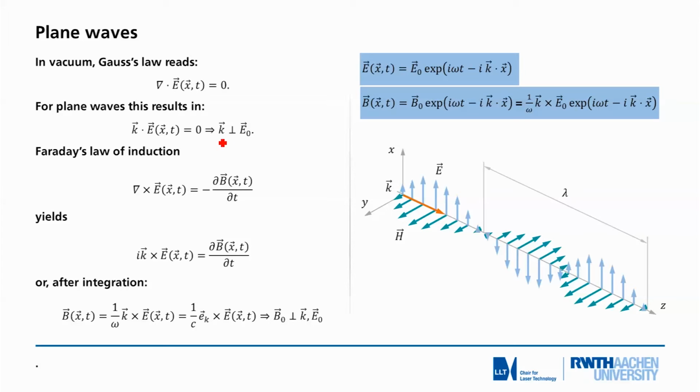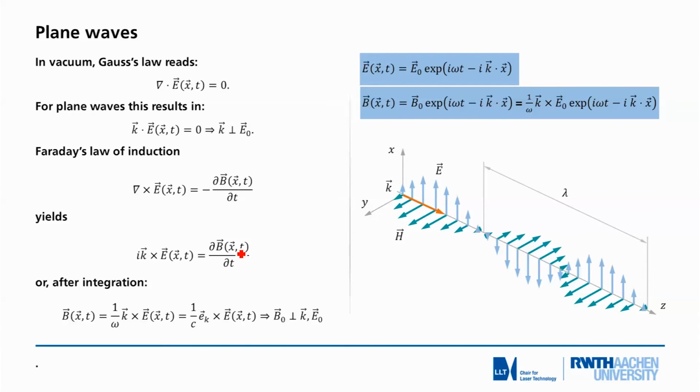And for the magnetic part, in analogy, we take Faraday's law of induction and see what happens if we perform the derivatives. Then we get i k times the electric field equals the time derivative of the magnetic induction.